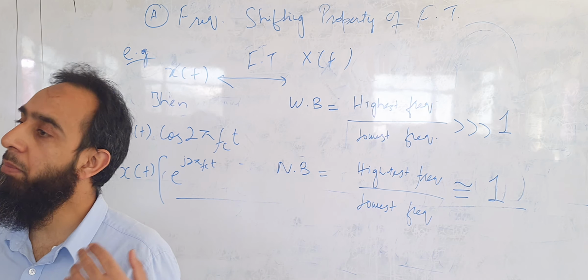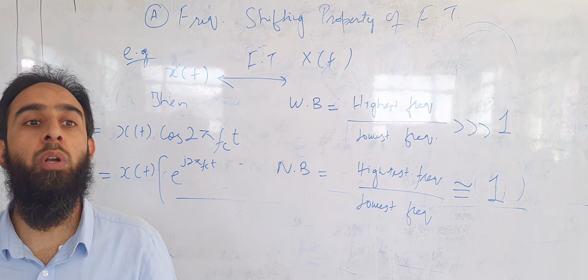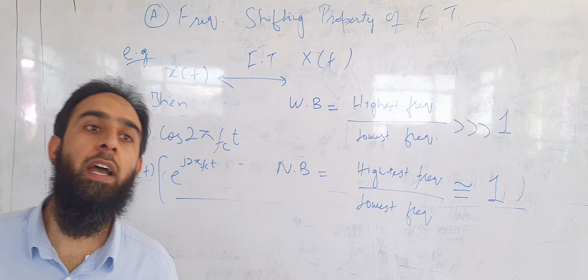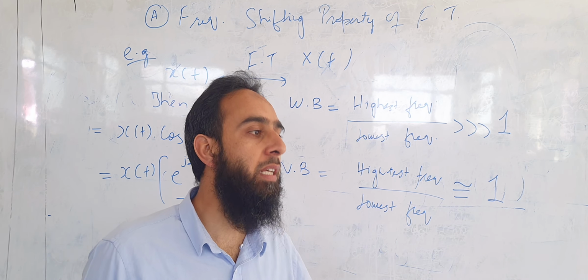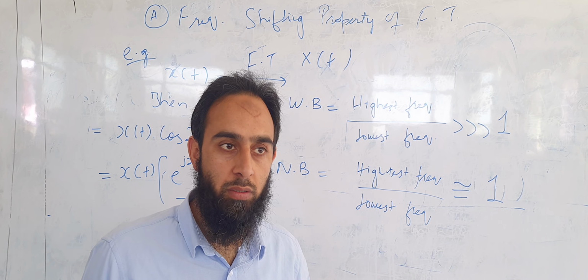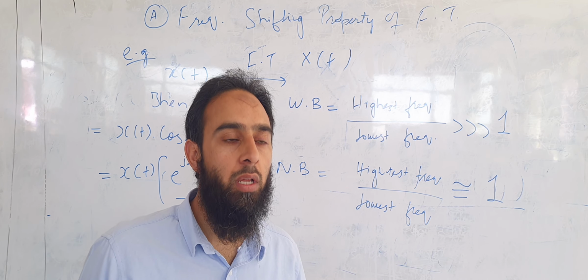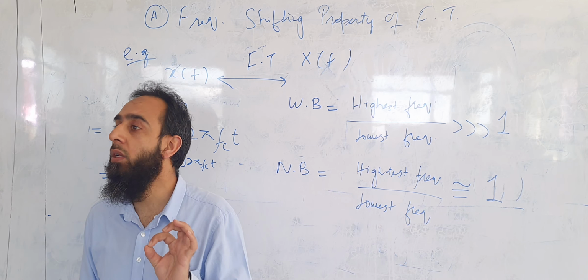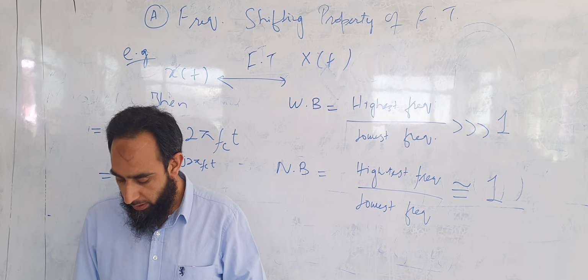So when I have many tones, this type of modulation is known as multitone modulation. If I have more than one frequency tone present in a signal, it is known as multitone modulation, while when I have only a single frequency component, it is known as single tone modulation. Okay, we just complete the sentence.